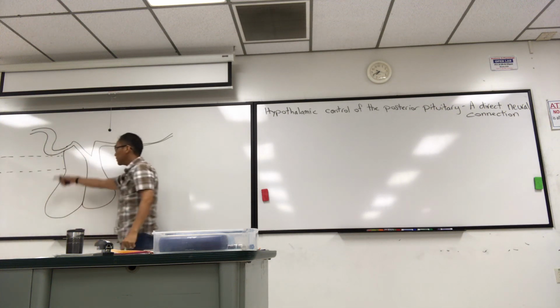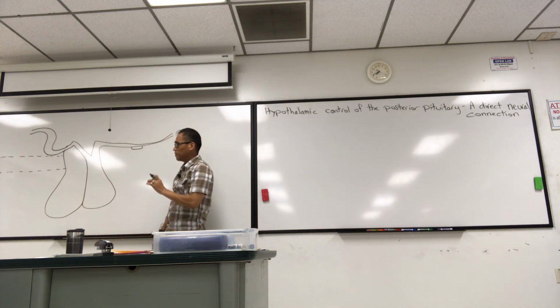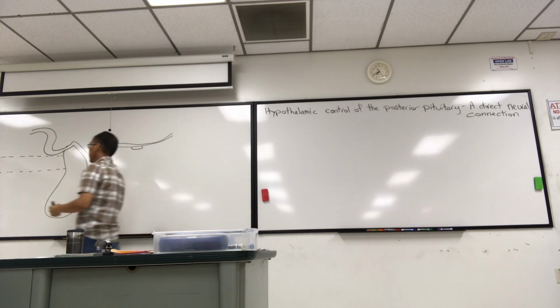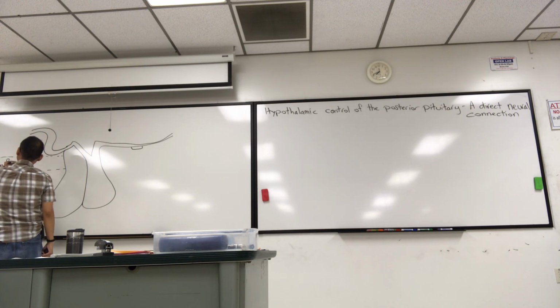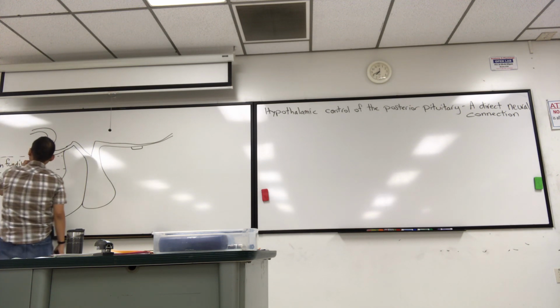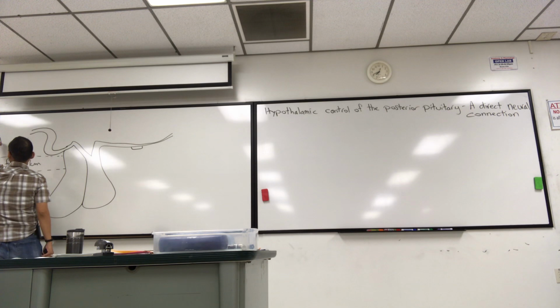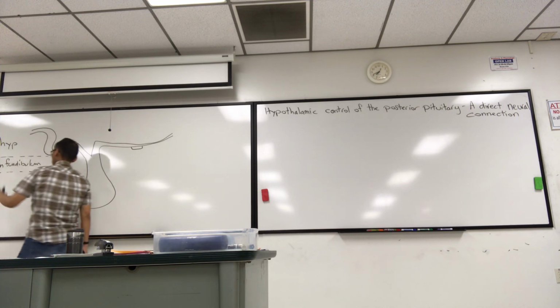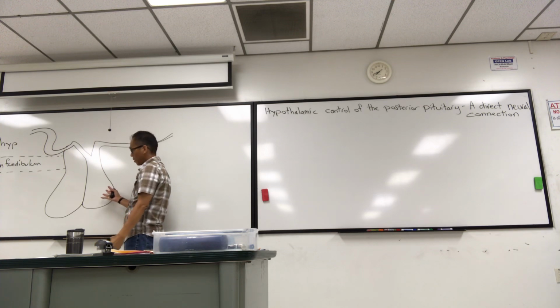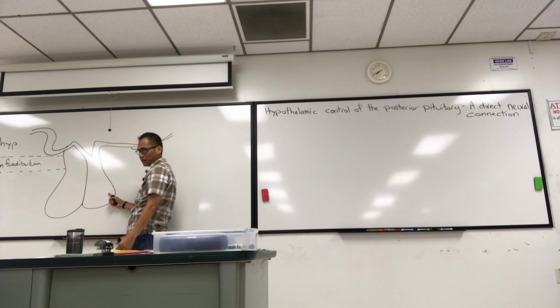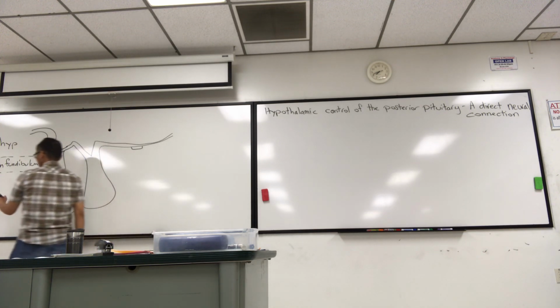In between the lines is the stalk, the infundibulum, where the pituitary below is connected. So above it is pretty much the area of the hypothalamus. I'll just put HYP for short. And all of this is anterior and posterior pituitary. So the posterior pituitary is behind. So this is all pituitary.